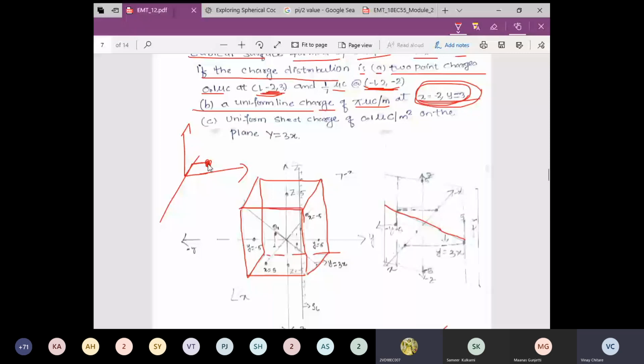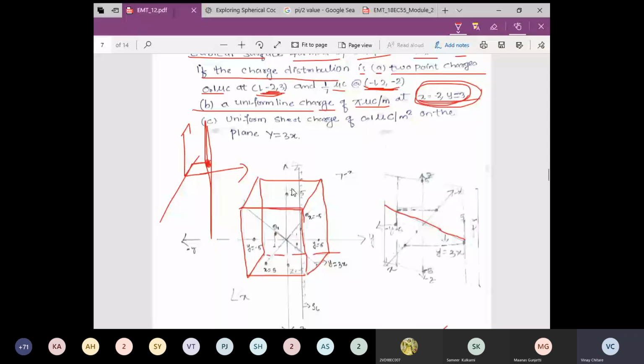Z-axis, yes, it is actually parallel to the z-axis. On this line, which is parallel to the z-axis, the values of x and y will be constant, and the only variable is z. Now tell me, is this line charge inside the cube or outside the cube?